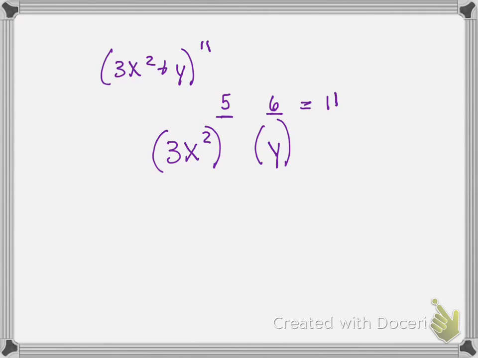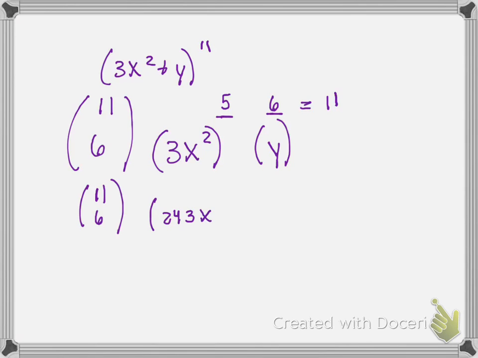And as we reviewed earlier, to find what's in here, we have 11 terms total, and then we use whatever over the second value. So we have 11 choose 6, and so now we have 11 choose 6 times 3 to the 5th, which is 243, x to the 10th times y to the 6th.